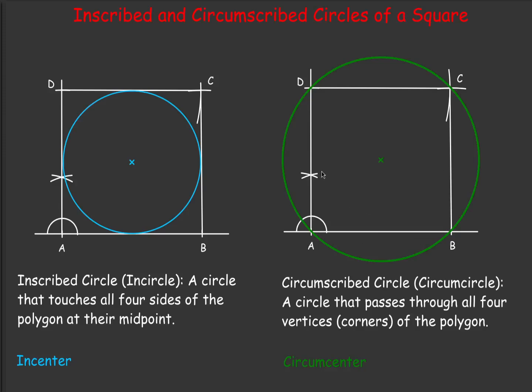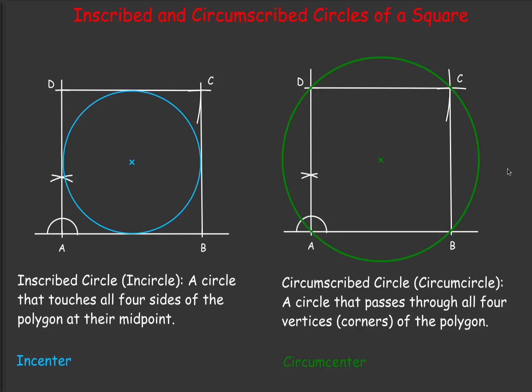On the other hand, if you look at the circumscribed circle, also known as the circumcircle, it is a circle that passes through all the four vertices. So this is a vertex, this is also a vertex, this is also a vertex, and this is also a vertex.